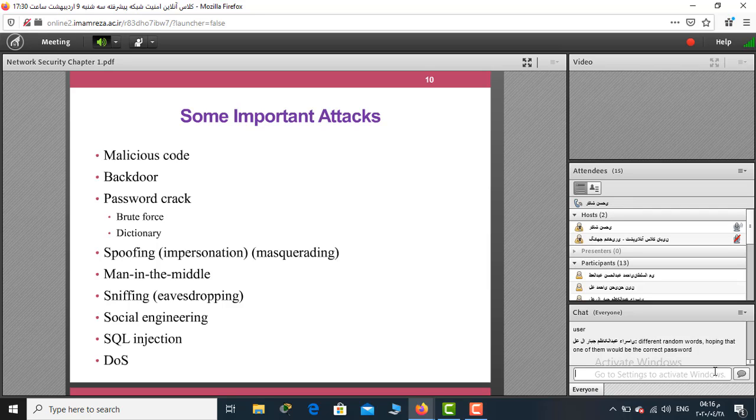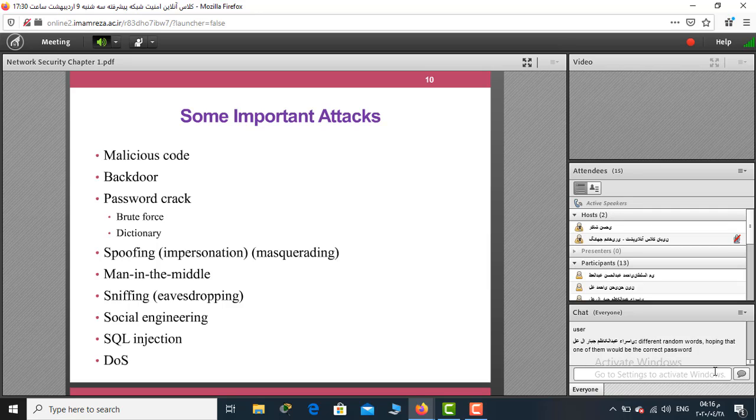Brute force attack is an attempt to find the password and discover the password by trying every possible password, every possible combination of characters.